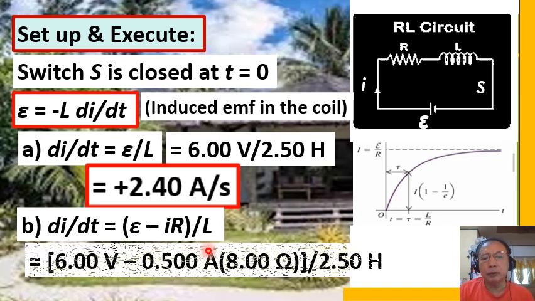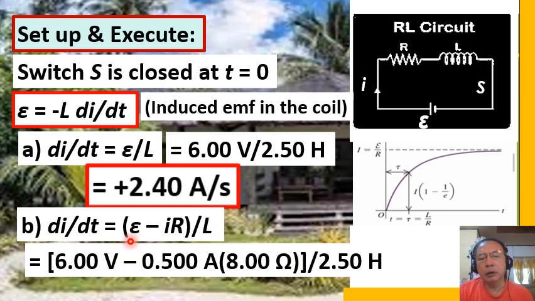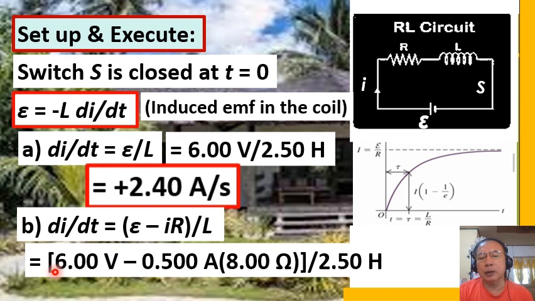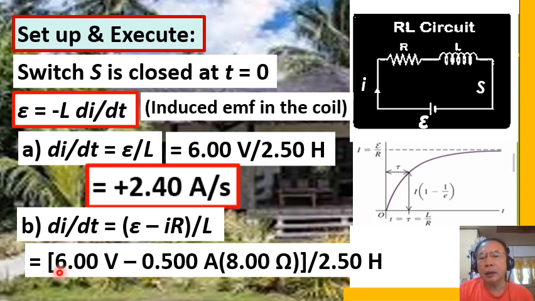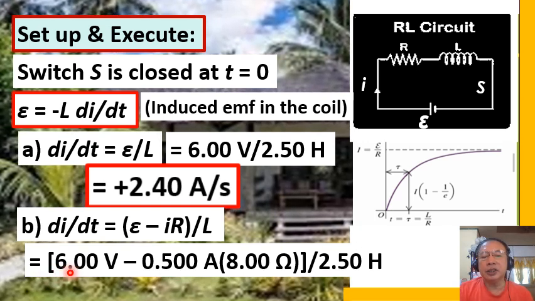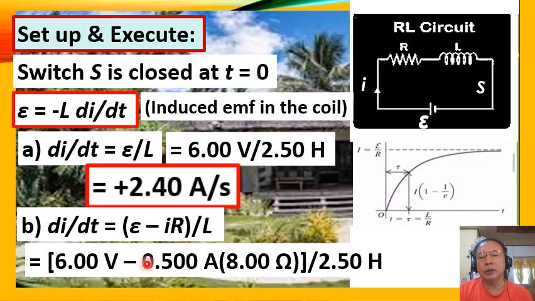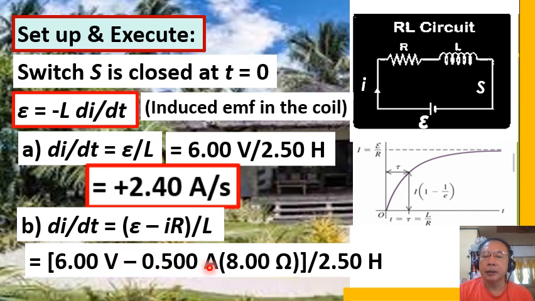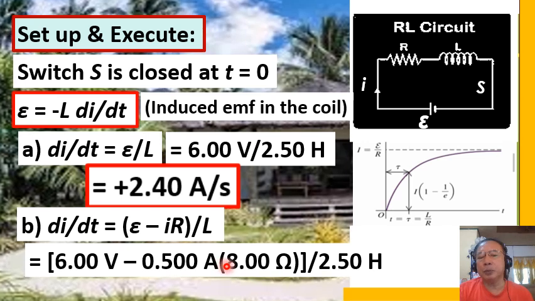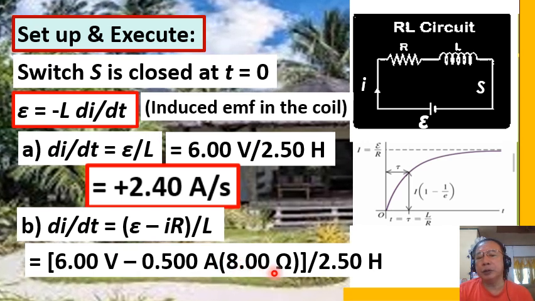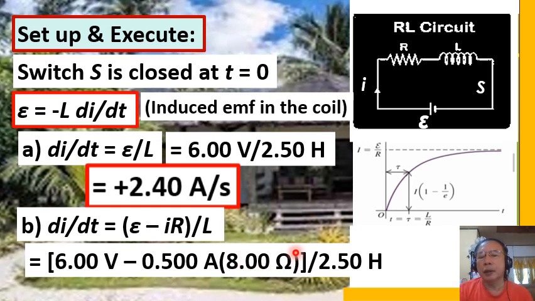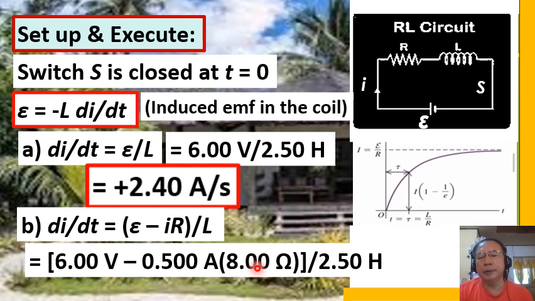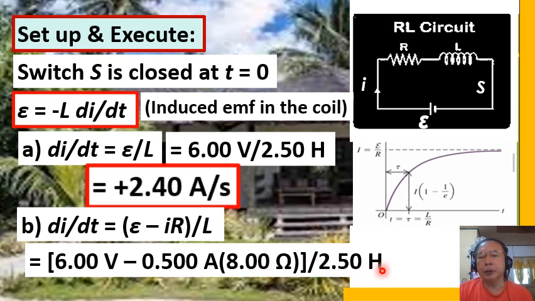That is, when we substitute, di over dt equals the quantity 6.00 volts minus 0.500 amperes, which is first multiplied by 8.00 ohms, and then all over 2.50 Henry.